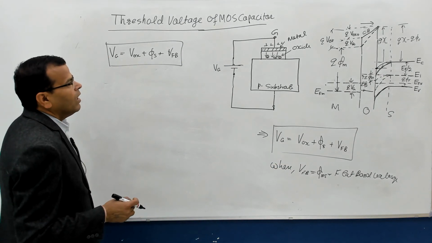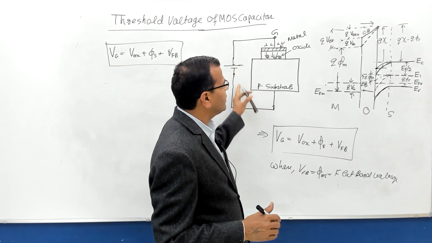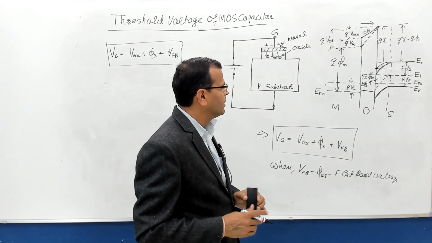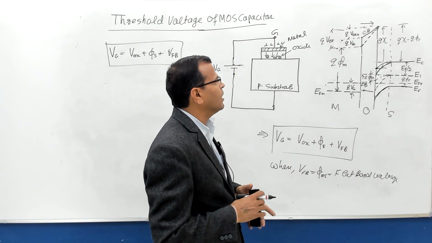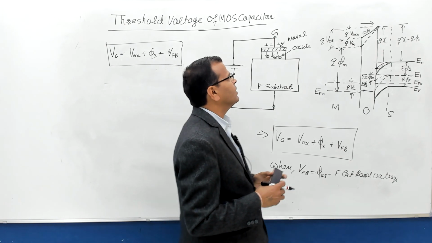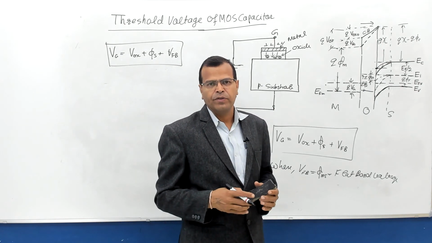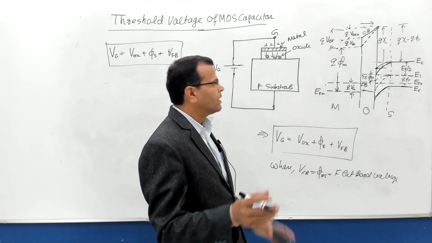Now there may be a condition here. Because of the external voltage applied between gate and substrate, there is a change in the voltage across the oxide and a change in surface potential, right? That's what we observed.